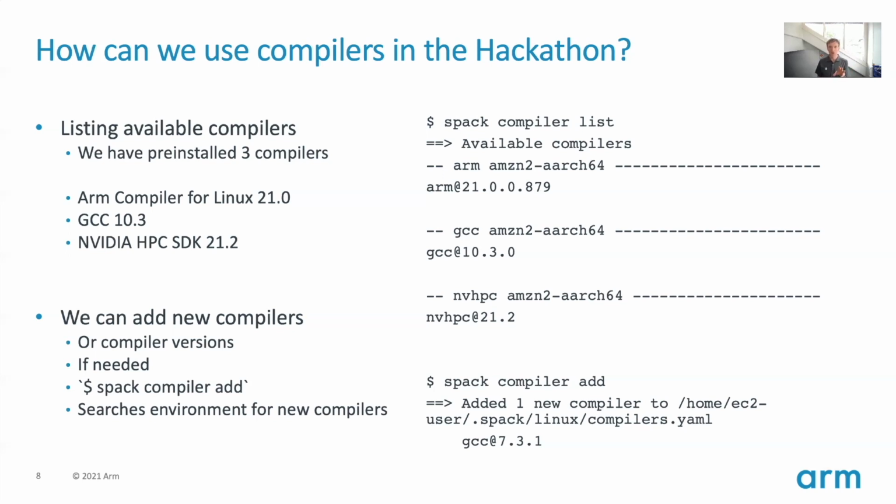And all of those are set up in Spack. You should be able to do spack compiler list and see them. It will also be possible to auto detect other tool chains that are in your path. So if you've got some other tool chain installed, you can say spack compiler add, and it will magically find that tool chain and configure itself to use it.